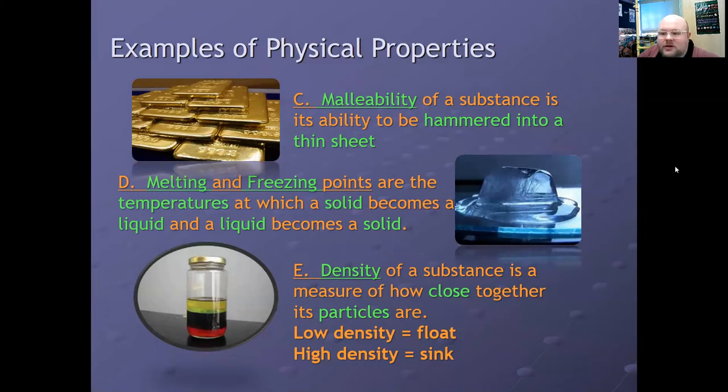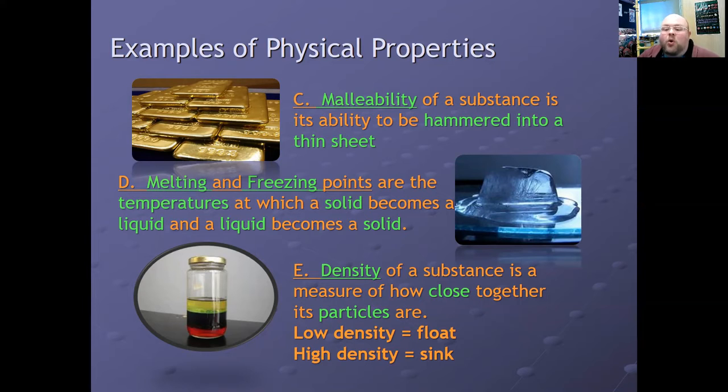Malleability, this is a substance's ability to be like hammered thin or molded differently. So how it molds or hammers thin is a physical property. Melting and freezing point, these are the temperatures where solids become liquids or liquids become solids.